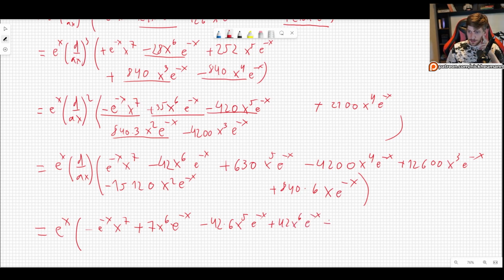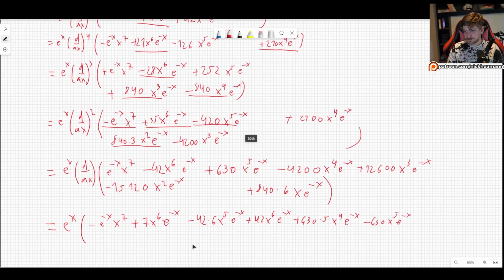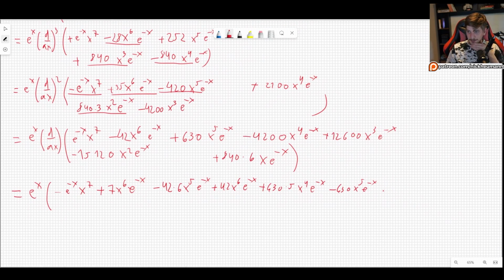Then we have plus 630 times 5 x to the fourth, e to the minus x, minus 630 x to the fifth, e to the minus x. And then we have minus 4,200 times 4x cubed, e to the minus x. Then we have plus 4,200 x to the fourth, e to the minus x.